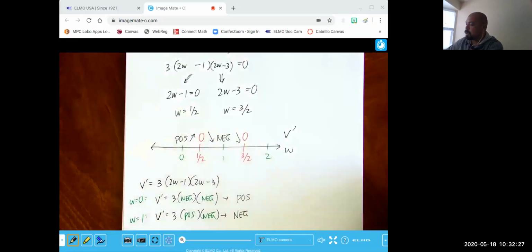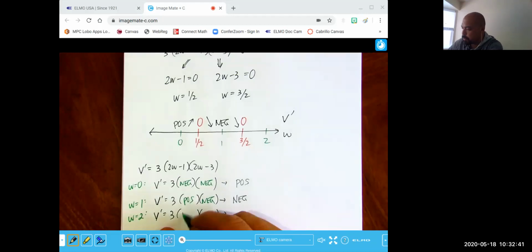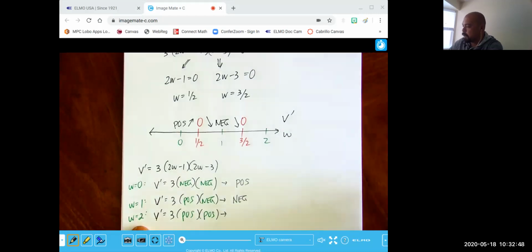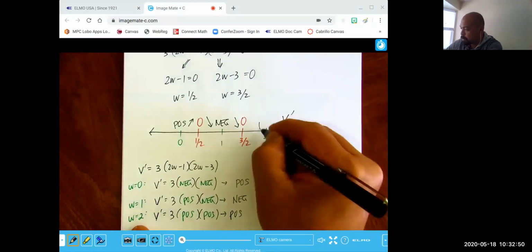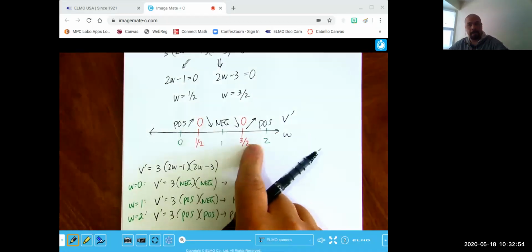So that's just for good measure. See what's happening over at 2. Two times 2 is 4, minus 1, positive 3. 2 times 2, 4, minus 3, 1, still positive, positive on this side. So in that case, there's going to be a minimum occurring there.